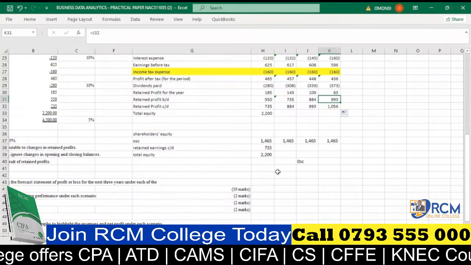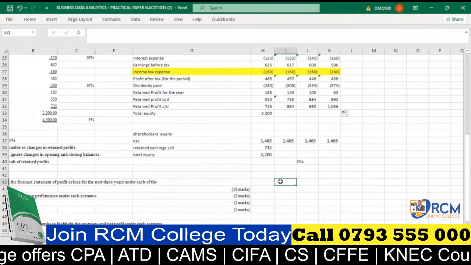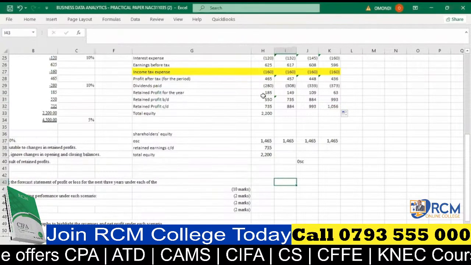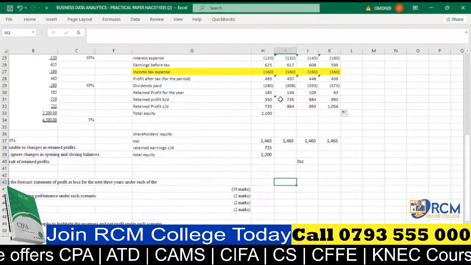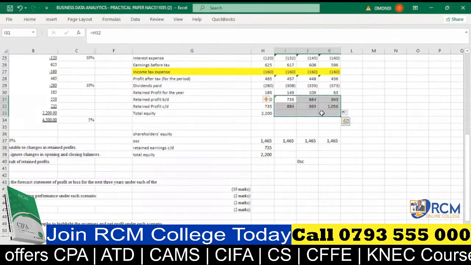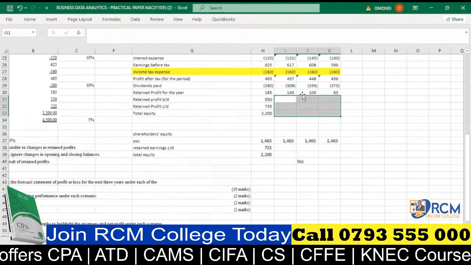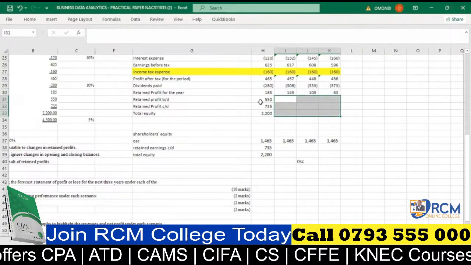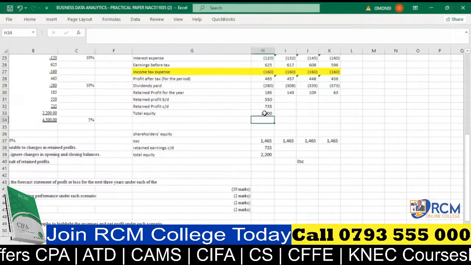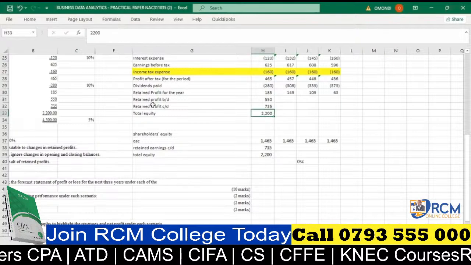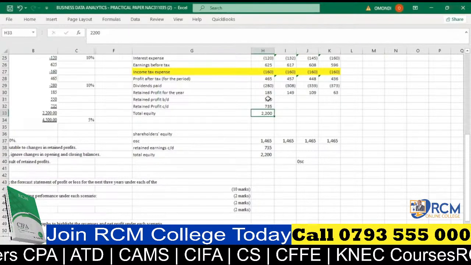Sasa tumesema hivi. Let's do away with these ones here. These profits you will be able to calculate, but retained earnings hii tumepewa na tukasema our retained earnings brought down was there.